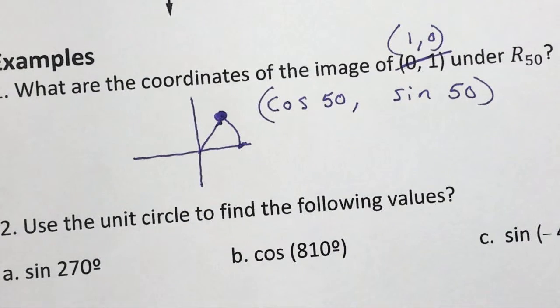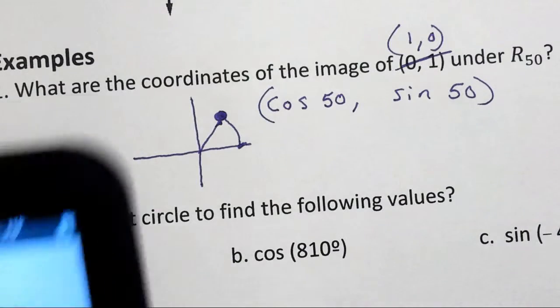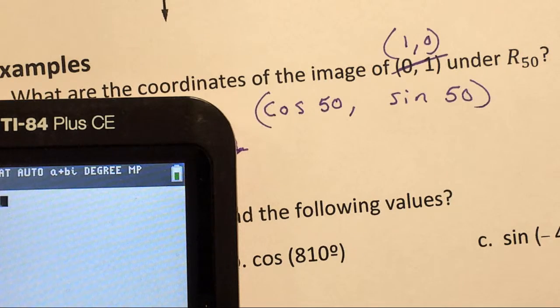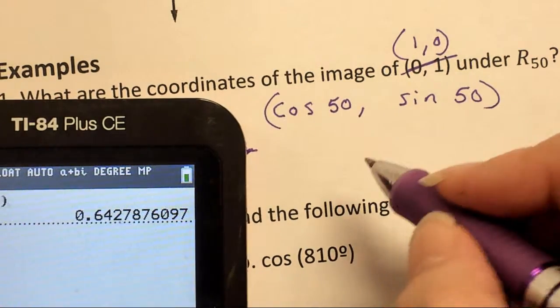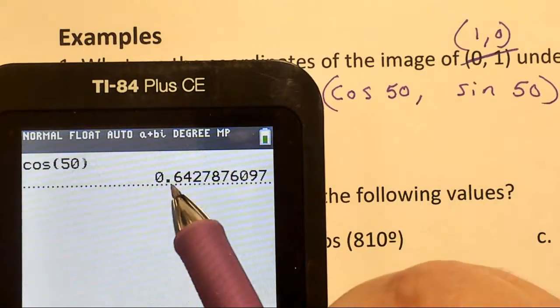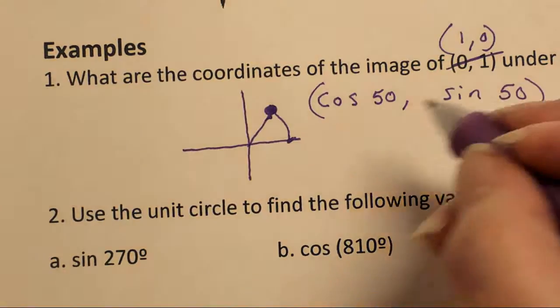Pick your calculator up and punch in cos of 50 and get an answer. So we have our cosine is 0.64.